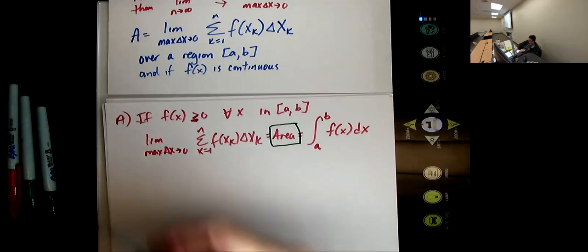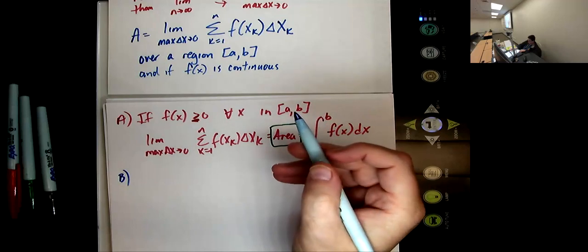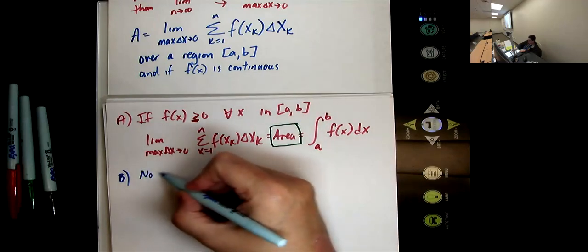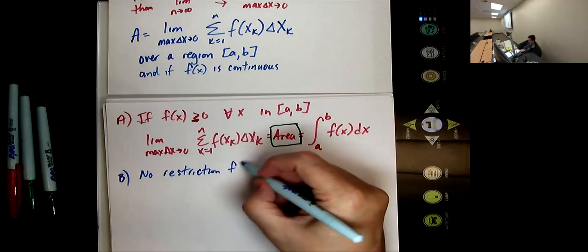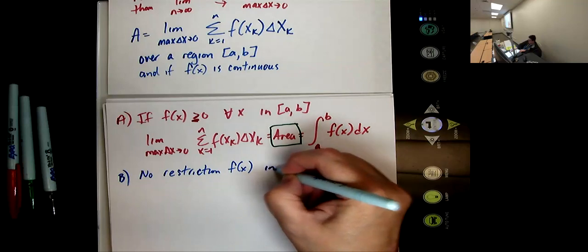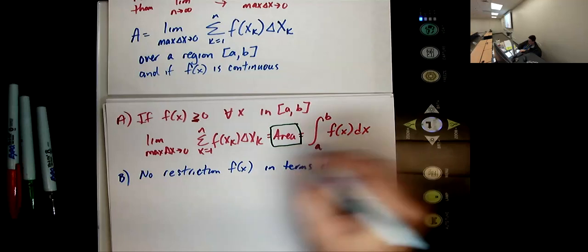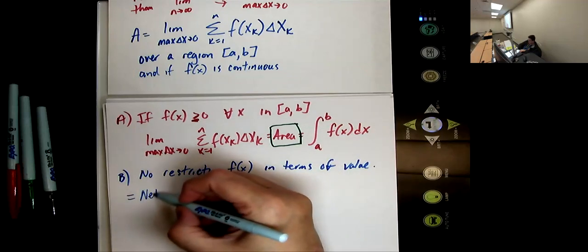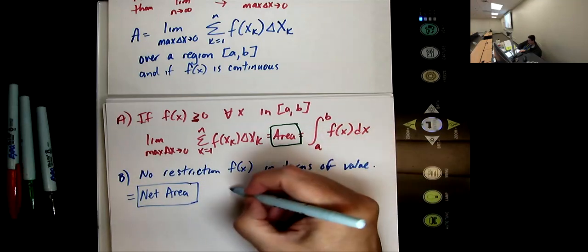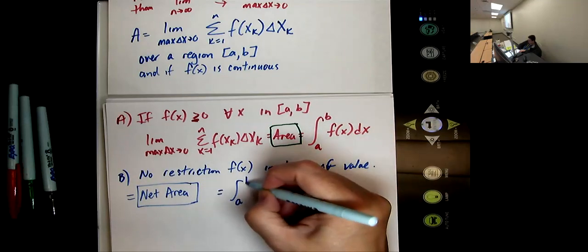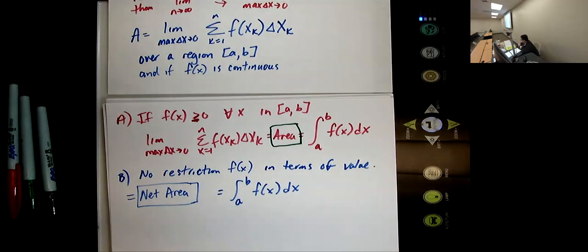The other half of it in general is there's no restriction on f of x in terms of value. So this would be the net area. But it's still the same thing, the integral from A to B of f of x dx. It's now called the net area.